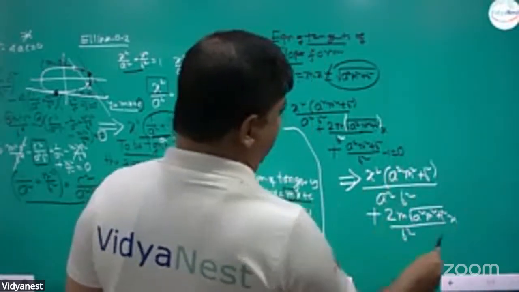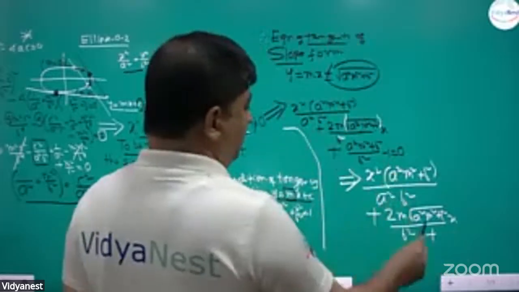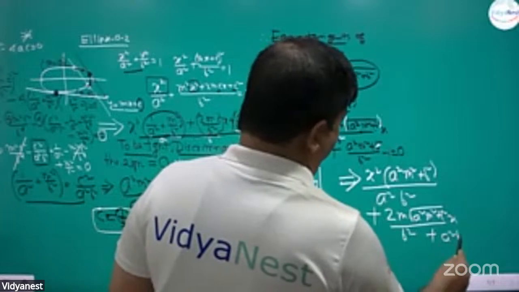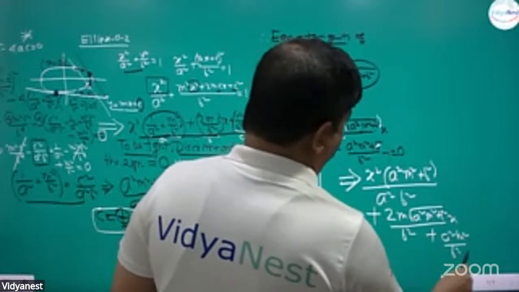Take the LCM. That will be simplified to b square, and that b square will get cancelled. a square m square by b square is equal to 0.